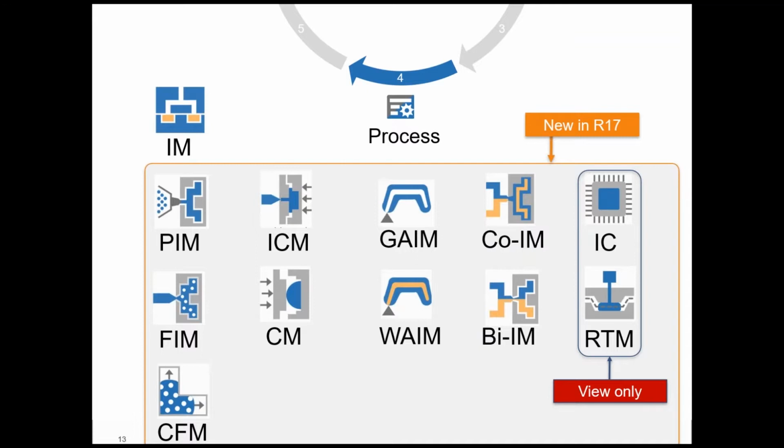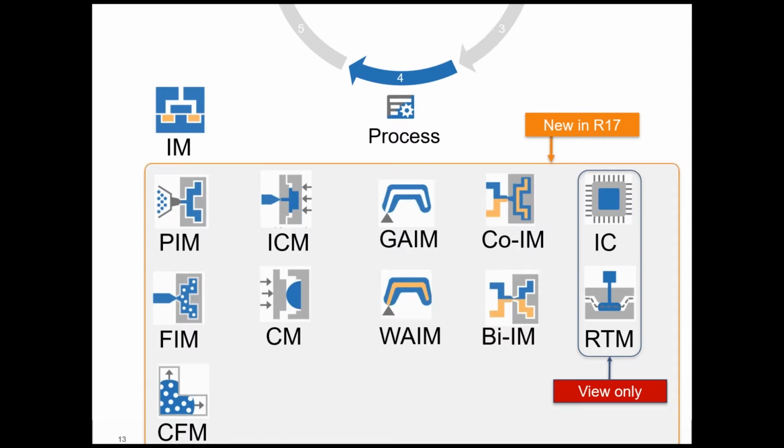And then as far as the process type goes, if you are playing around with Studio in R16, the only process that is currently supported is the conventional injection molding process. In R17, when that's released, we're going to be adding the capability for these other processes that we have add-on modules for.